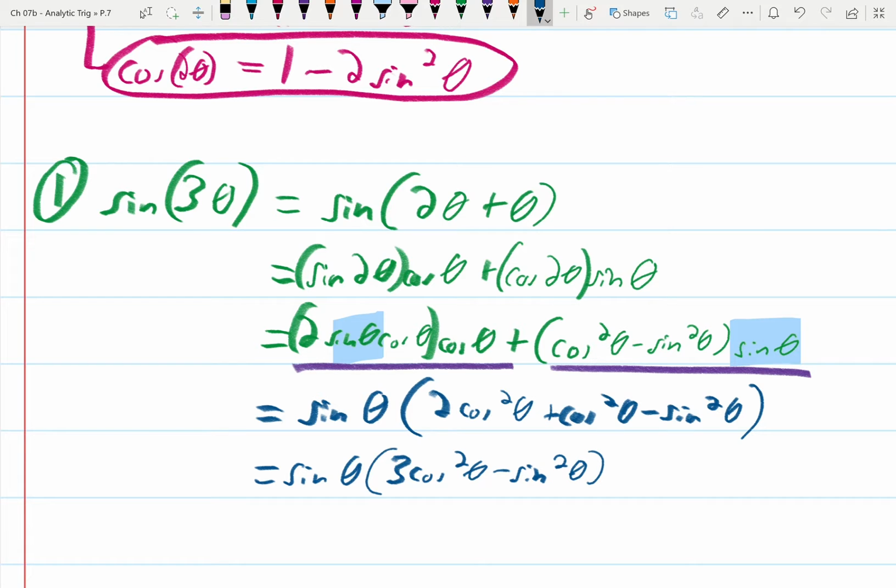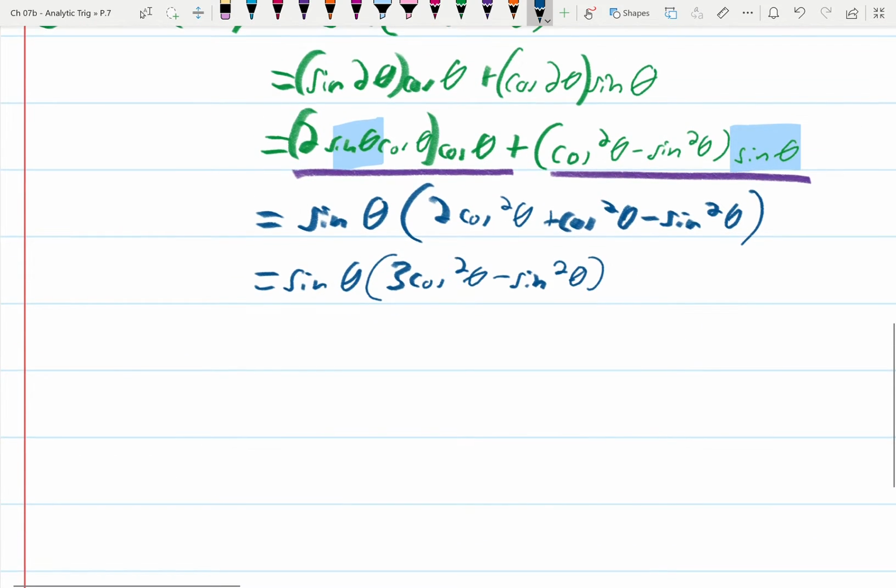And that's about as simple as that goes. There are many other ways you could express that. You probably could convert everything into sines, which if you had to pick, you would, because you have a sine theta out there. But we can leave it there for now. You've kind of reached an endpoint.